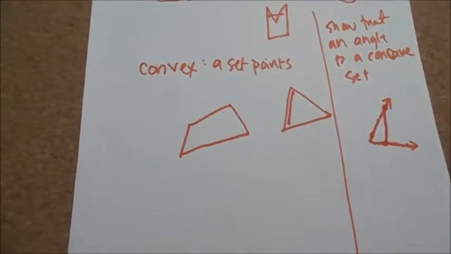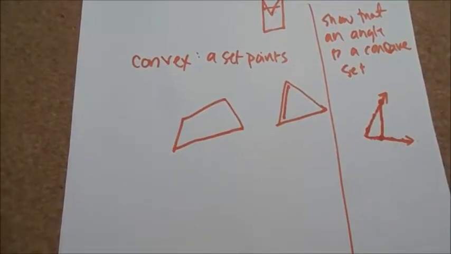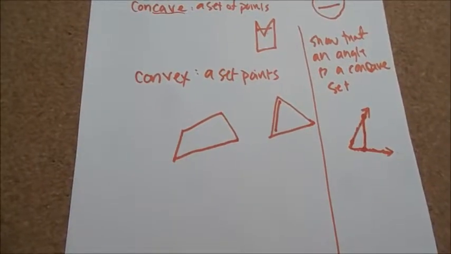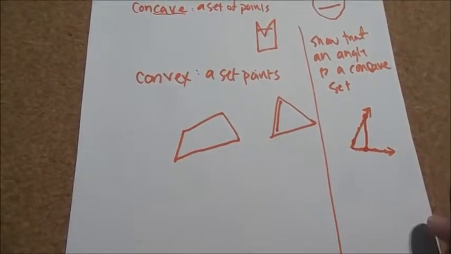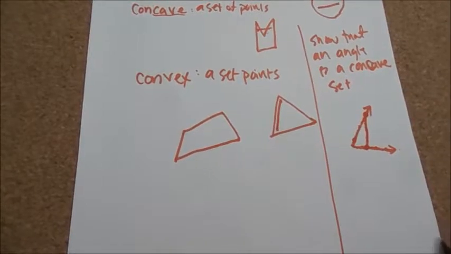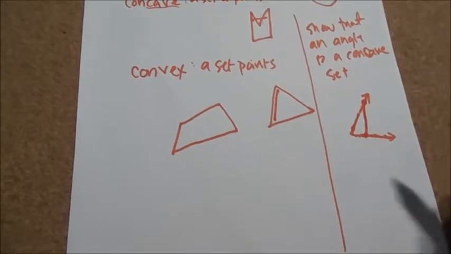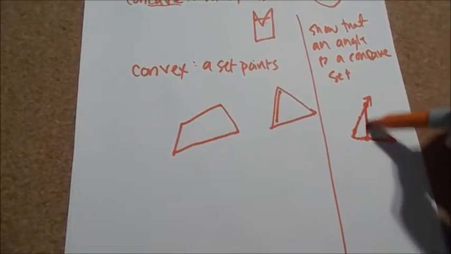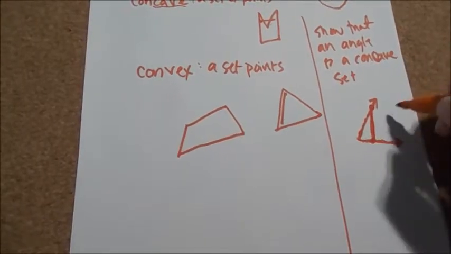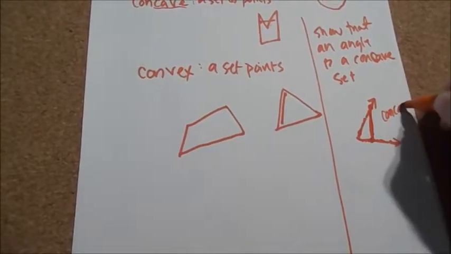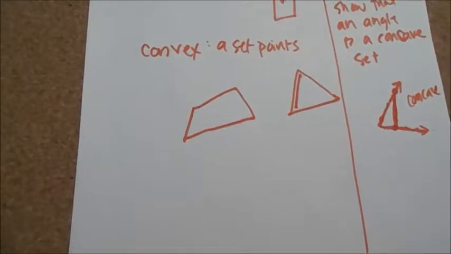So you'd have to say that this is concave. So the definition of convex is a set of points that has the property that any two of its points determine a segment contained in the set. So this segment is not contained in the set. Therefore concave.